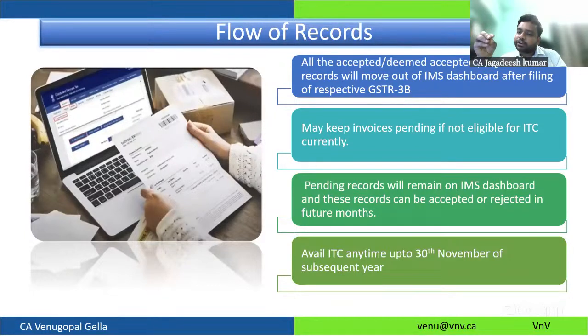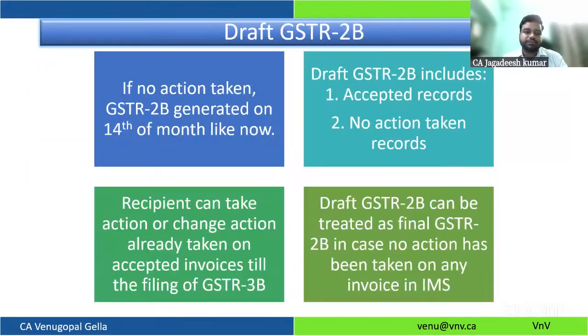That is, these records will be in IMS till 30th November of the subsequent year. As per section 16 subsection 4, I can avail ITC of the previous year up to 30th November 2024. So my previous year records will remain in my IMS till 30th November of the subsequent year. Till then, they will be carried forward to future periods until I take an action on those.